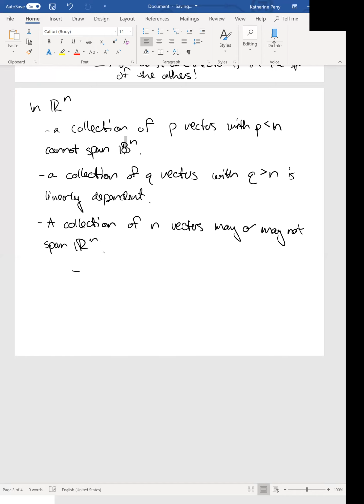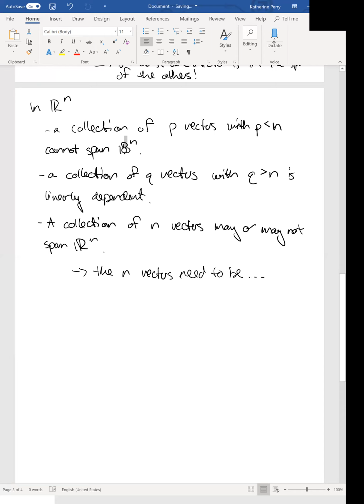And it turns out that the n vectors need to be linearly independent in order to span Rn.